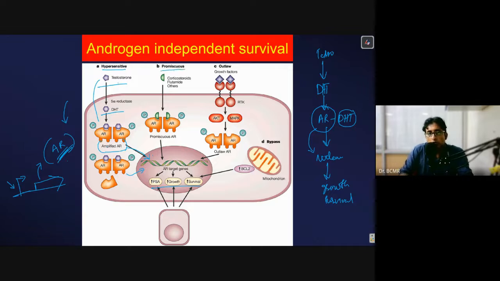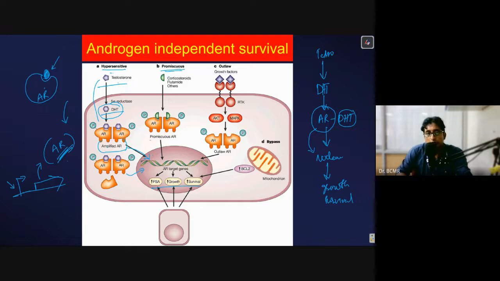The other one is called promiscuous, in the sense that normally the ligand for the androgen receptor is dihydrotestosterone, but because of a mutation, the active site may change to something else. Now a different molecule can bind, and if that molecule is abundant, then the androgen receptor gets activated, phosphorylated, dimerized, and then it can show a lot of activity.